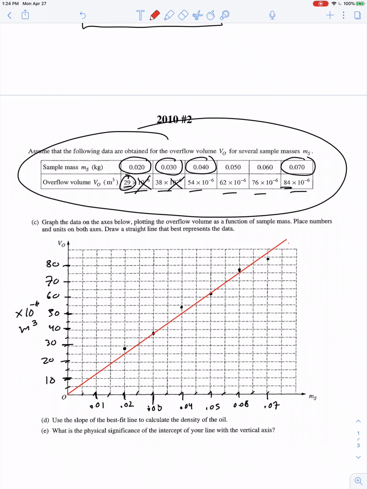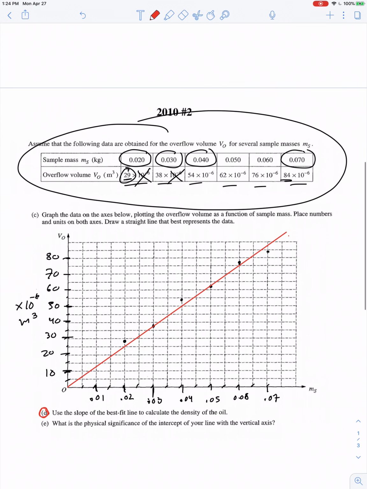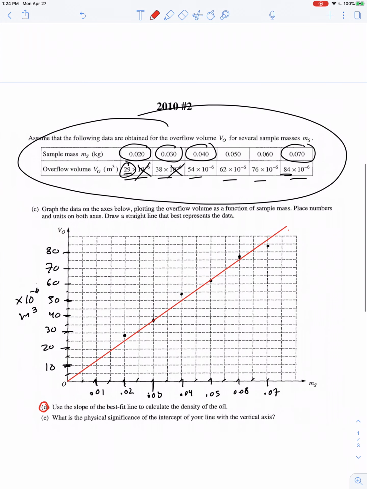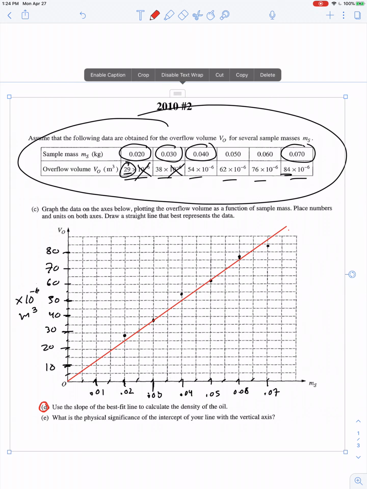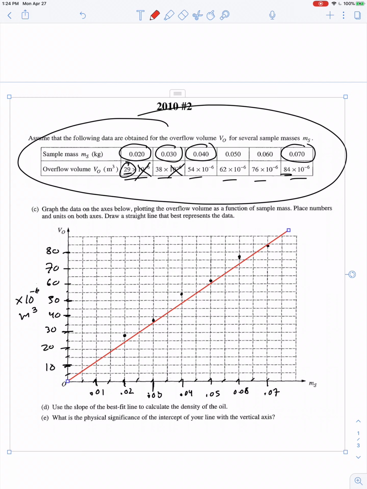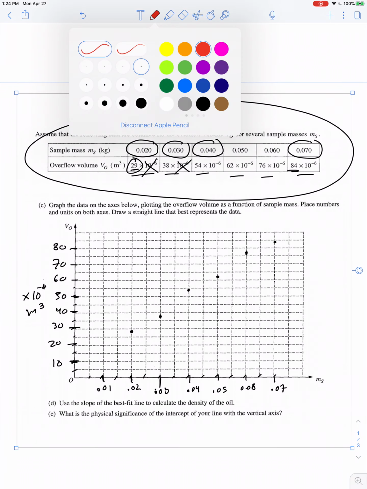So now we're asked to use the slope of the best fit line in order to calculate the density of the oil. Now wait a minute. I'm not sure that is a line of best fit. Let's redo that. I think I can get a better fit to the data with this line. Oops.